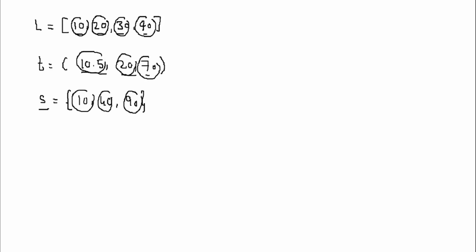But sometimes you need to store data like this. I want to store my name and my marks. My name is ABC and my marks are 75. Sometimes I want to store my name and my location.